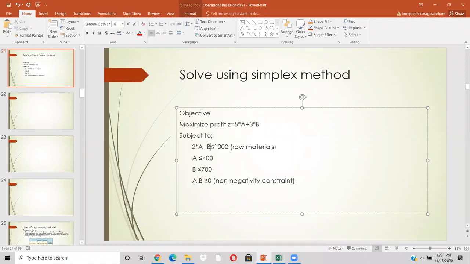2a plus b less than 1000. Then do we need to add or subtract a variable? Add or subtract?